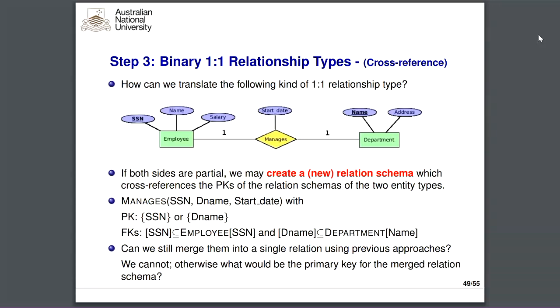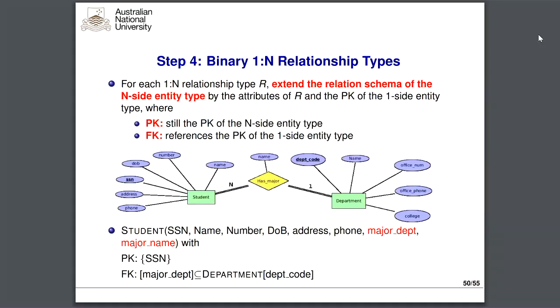There are 4 constraints. The key constraints, right? If you have a schema, then you should have a primary key. In this case, you cannot identify a primary key. So that's step 3, 3 different approaches to build up the binary one-to-one relationship.